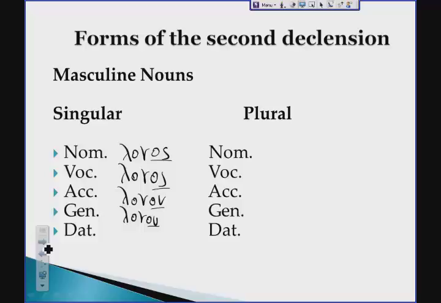Okay? And then the dative, logoi, with this iota subscript, to or for the word. Those are only in singular.